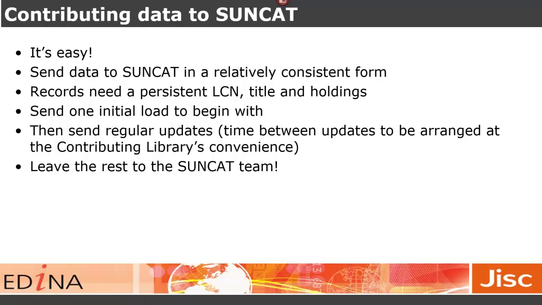So the LCN has to be persistent so that the correct record is updated. If the LCN is reused, so has different bibliographic information and holdings attached to it, then a mismatch will occur. We understand this may not be possible for some libraries, so we do have a workaround, but it's quite long-winded, so we try not to use that one.